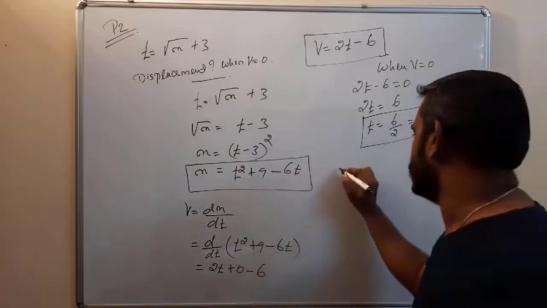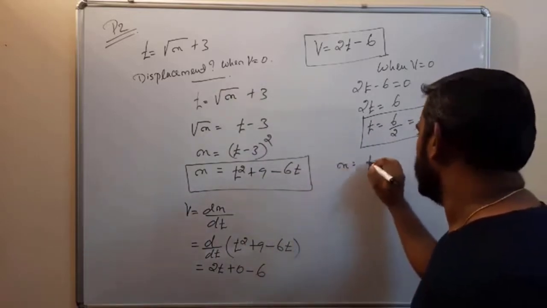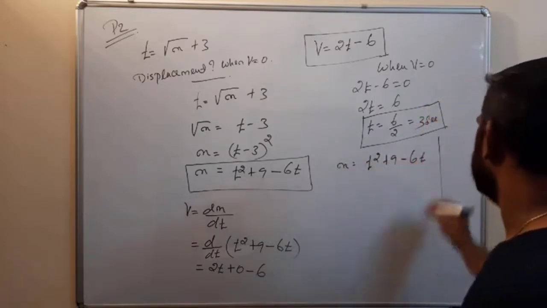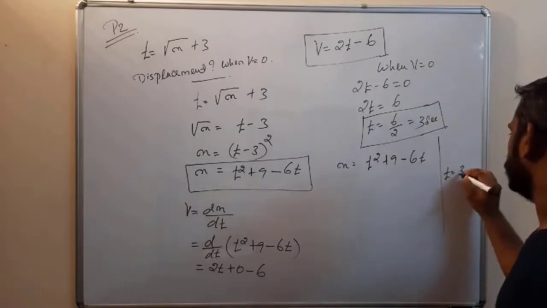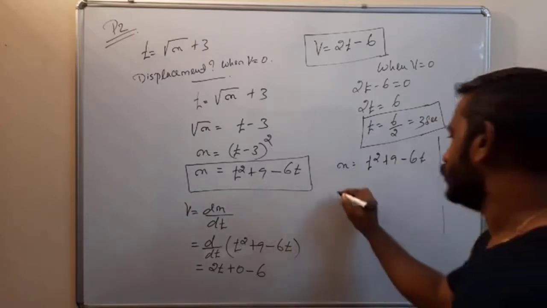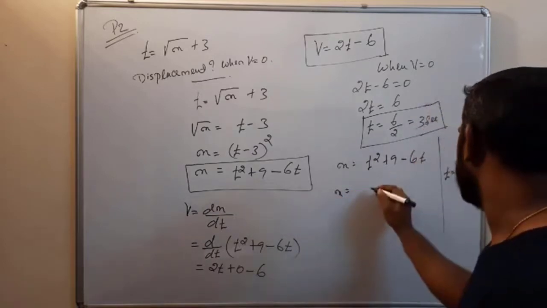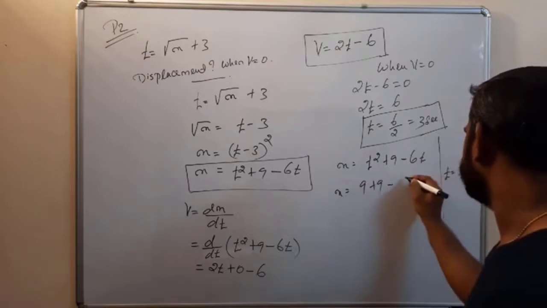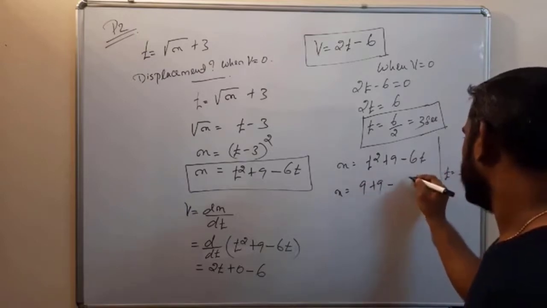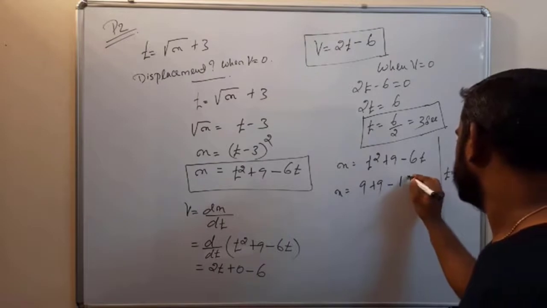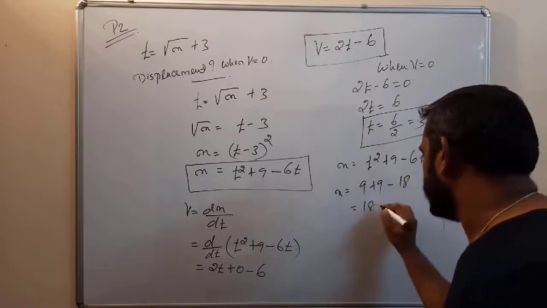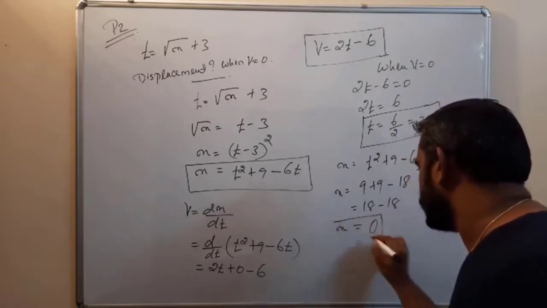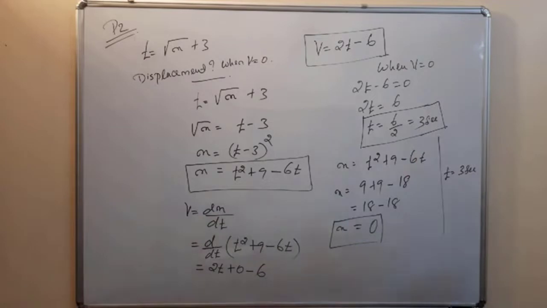So the displacement x is equal to t² + 9 − 6t at t equal to 3 seconds. So x equals 9 plus 9 minus 6 into 3, that is 18. So 18 minus 18 is equal to 0. So the displacement is equal to 0. Clear?